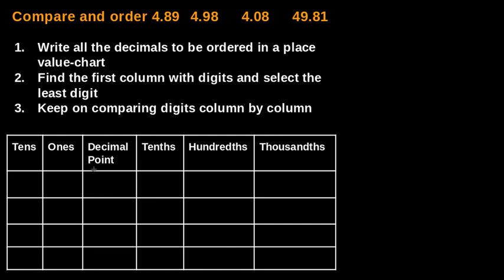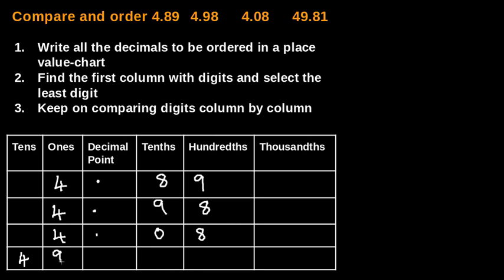Welcome back. So let's go ahead and write our decimals in the place value chart. We have 4.89. We have 4.98. We have 4.08, and then we have 49.81.